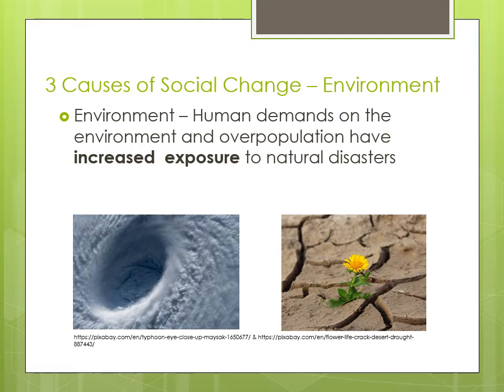The last one is the environment. Human demands on the environment and overpopulation have increased the exposure to natural disasters for human beings. So, as we experience extremes in weather, humans are going to be impacted, and that is going to cause a change.